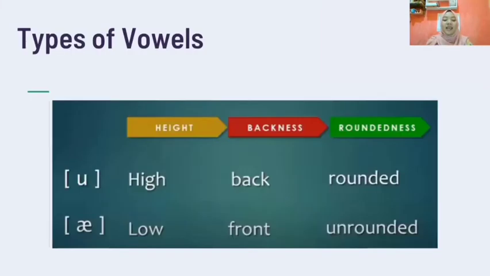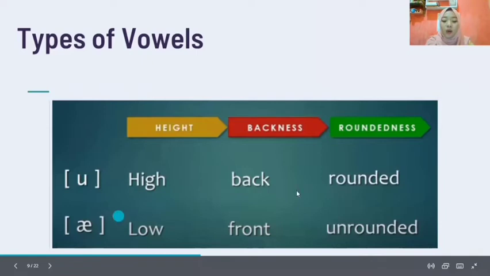Just like with the consonants, there is a specific order that linguists use when describing vowel sounds. It is height, backness, then roundedness. So for example, U is a high, back, and rounded vowel. And A is a low, front, and unrounded vowel.